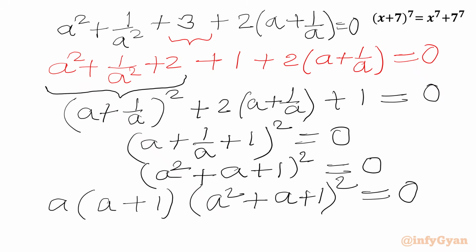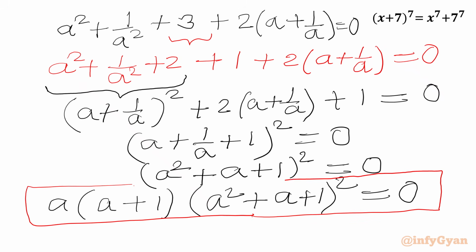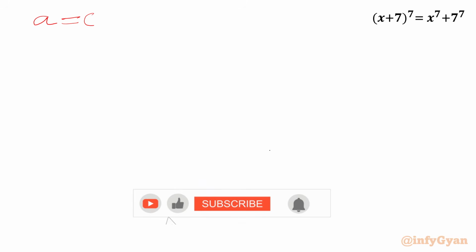So here we have the equation, and it is clearly visible. We are going to get 6 roots from this equation. We will get 4 roots from this bracket, 1 root from this bracket, and 1 root from here by putting a equal to 0. Let's do that. I will write a equal to 0.